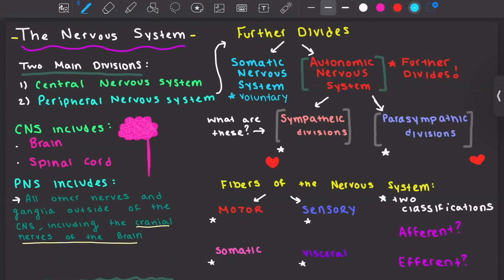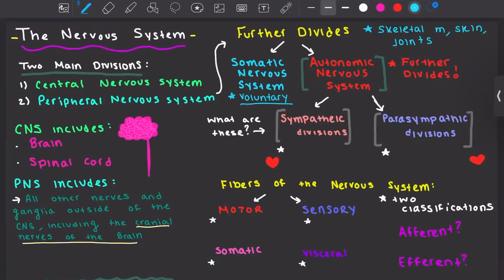And when I mean voluntary, I'll write up here in blue. When I'm talking about voluntary, I'm talking about structures such as skeletal muscle, skin, and joints. Things like that. And basically, when I'm saying voluntary, I'm meaning you are consciously thinking about it.